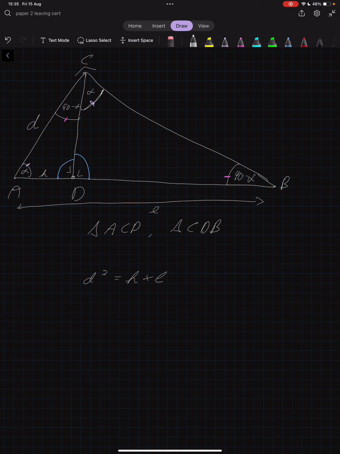So I suppose very first thing, I can use Pythagoras. I'm going to call this Y, and I'm going to rewrite it in terms of D and H. So D squared is going to be Y squared plus H squared. So Y is going to be the square root of D squared minus H squared.